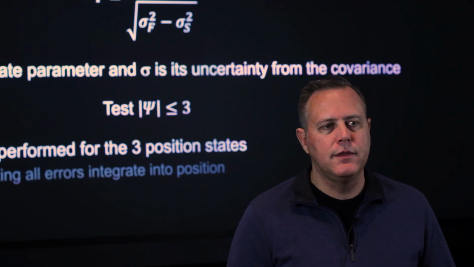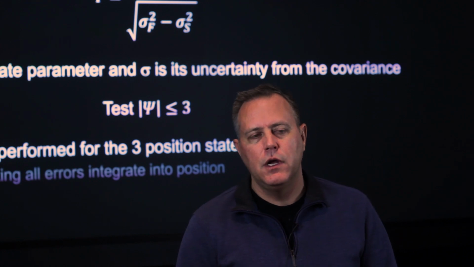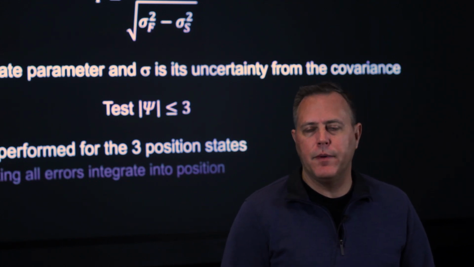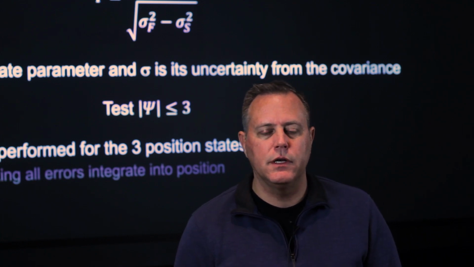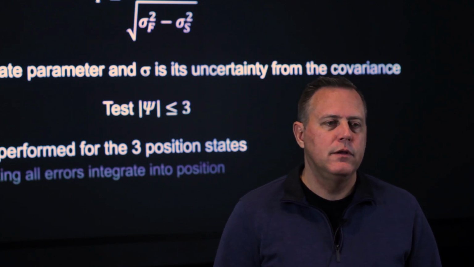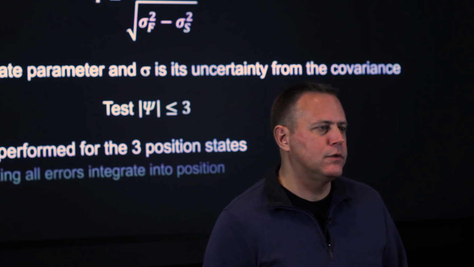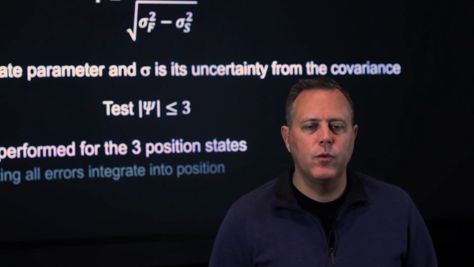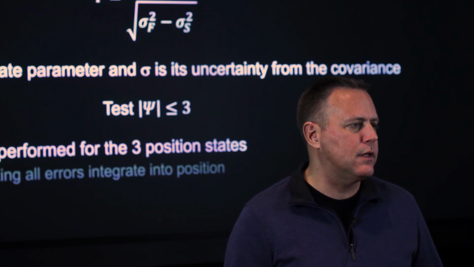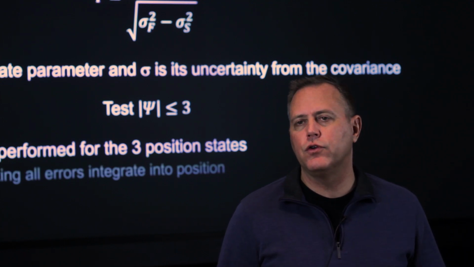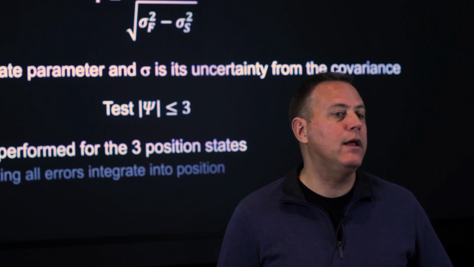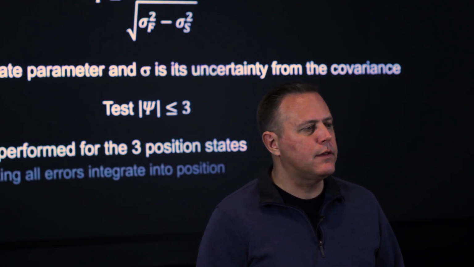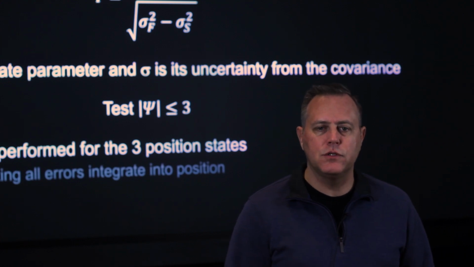But we can say that the difference between those two estimates should have an uncertainty that's described by the term in that denominator. Essentially, it's the uncertainty from the filter subtracted from the uncertainty from the smoother. You square them, you difference them, you square root them. And essentially what we're creating here is a test statistic that says, are the filter and the smoother solutions and uncertainties consistent with each other? And if they are, that test statistic should be within plus or minus 3.